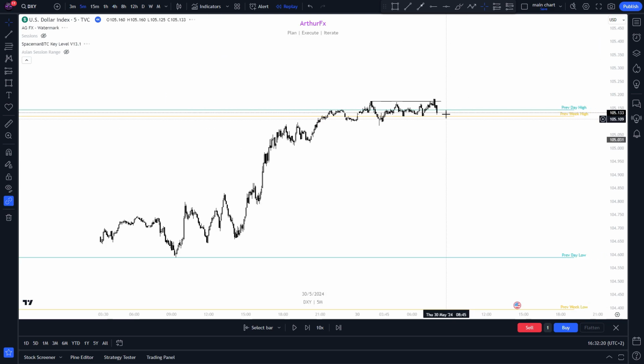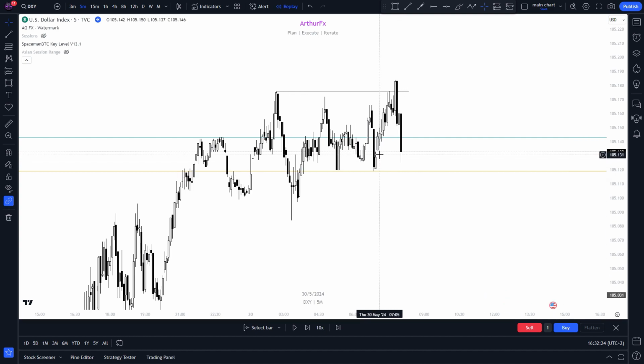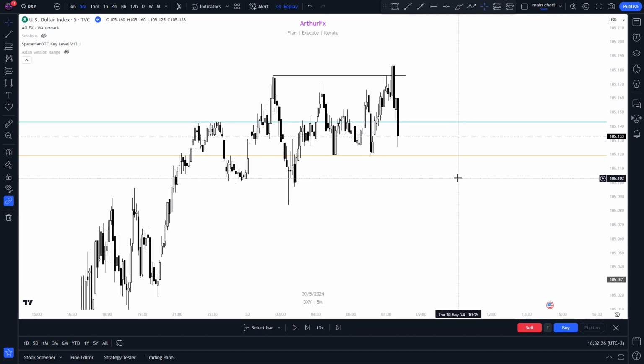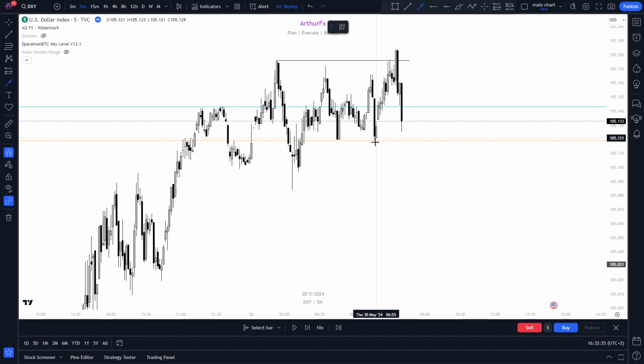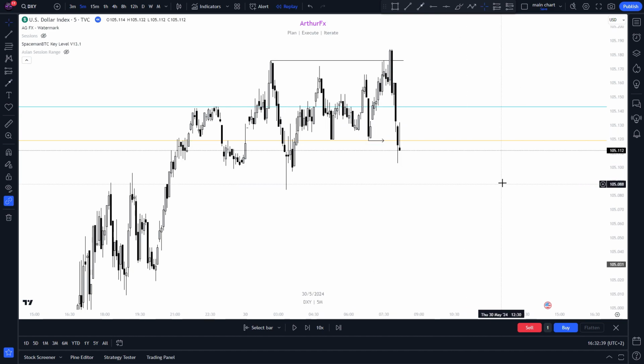So let's hop on a lower time frame. And as I showed before, we had this Asia sweep, and now I was just looking for price to show me that it was looking to trade lower. So I was looking at this low here to get broken. And as you can see right here, we got the body close below.